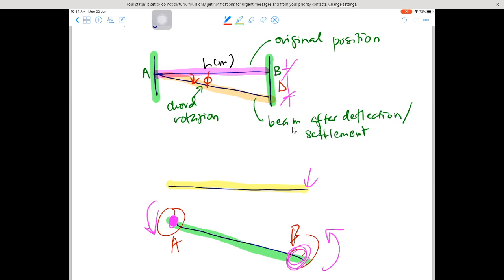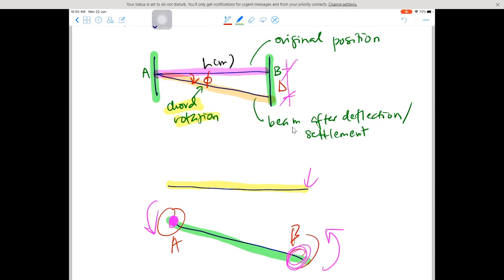So how to identify the direction of moment in an easy way? The easy way to identify the right direction of fixed end moments is based on the chord rotation. Look at this.